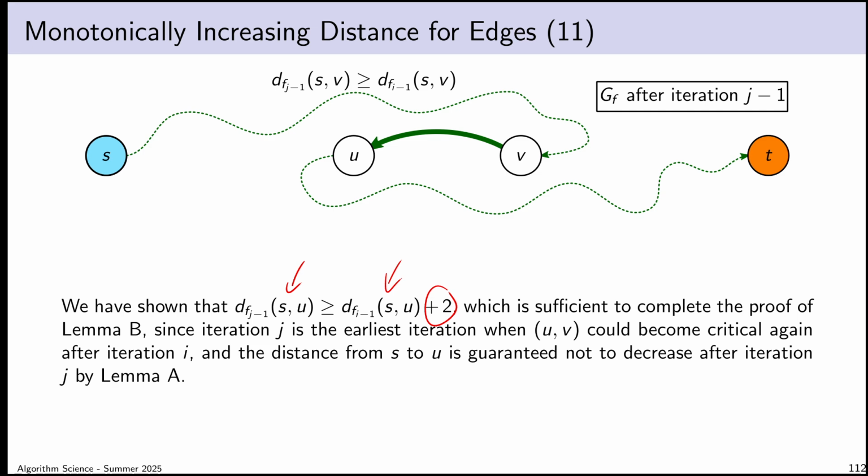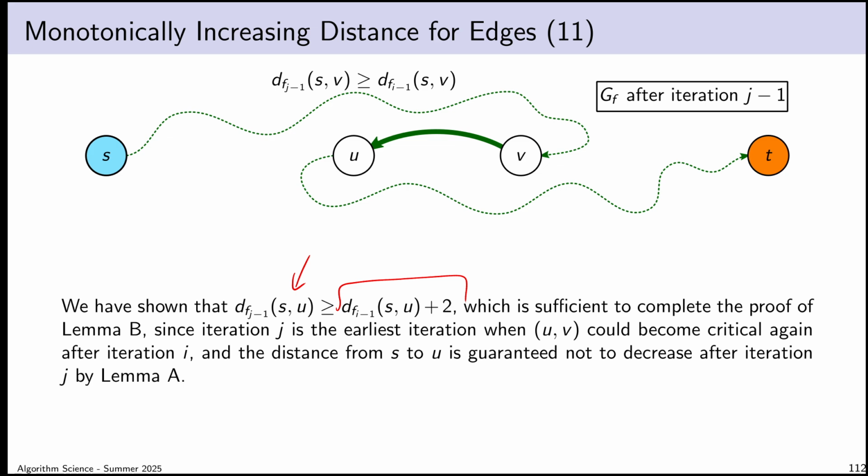Because iteration j is the earliest iteration where uv could become critical again, it could take a lot longer than that. It could be iteration j plus 100 where uv becomes critical again. But it's definitely not becoming critical again before iteration j. And we know that at iteration j, the distance from s to u is at least 2 greater than it was at iteration i. We also know that the distance will never go down.